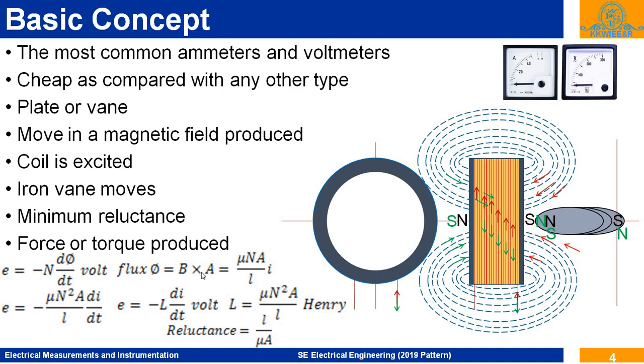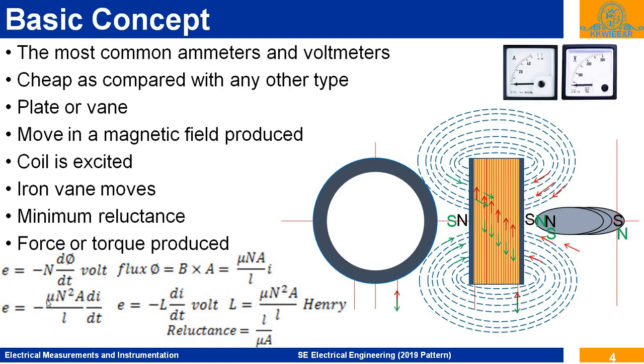This flux density is nothing but mu H, so mu n I divided by l, multiplied by the cross sectional area. This flux is replaced in the EMF equation, so mu n square A upon l, di by dt. E is equal to minus L di by dt, and this part, mu n square A upon small l, is nothing but the inductance.